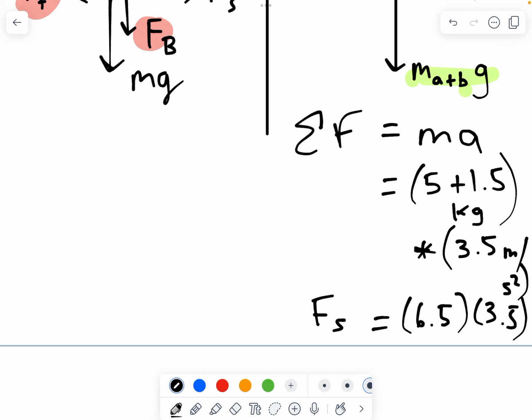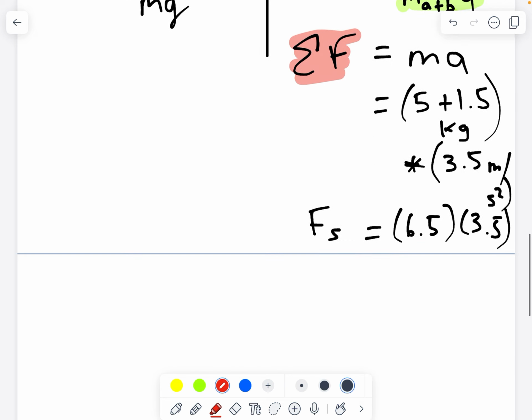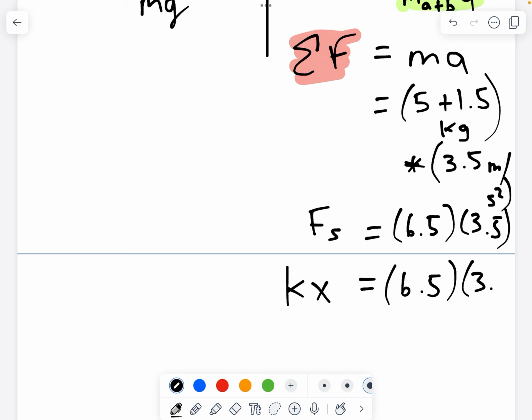Why? Because the only force on the system causing acceleration, probably shouldn't have used green, should use red, be consistent, is the spring force. So we can replace net force with Fs, and we can replace Fs with kx. That's how you calculate the spring force. So we have 6.5 times 3.5.